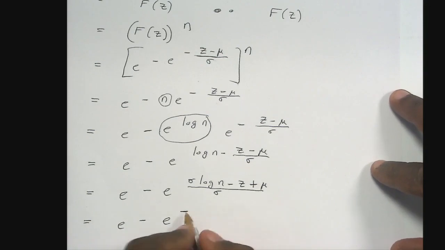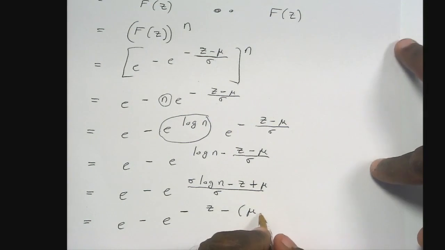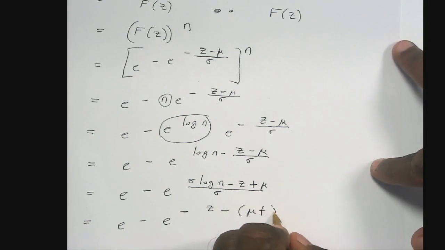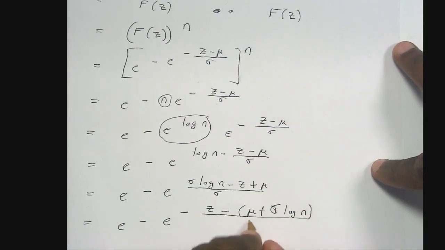it will become z minus mu plus sigma log n, divided by sigma.